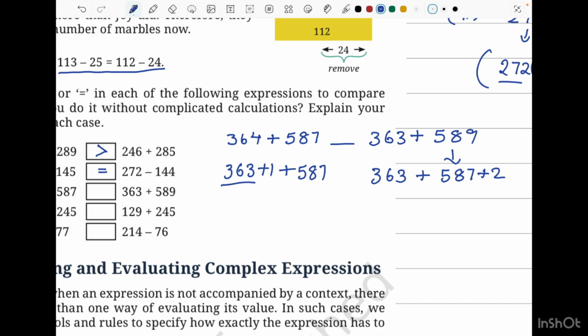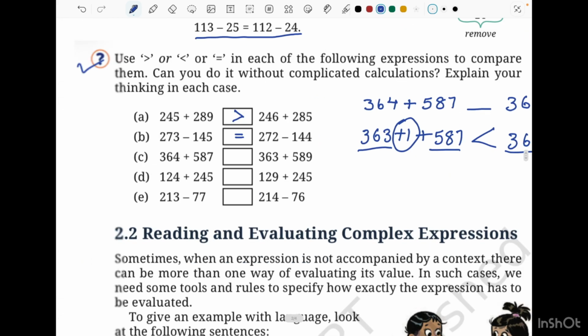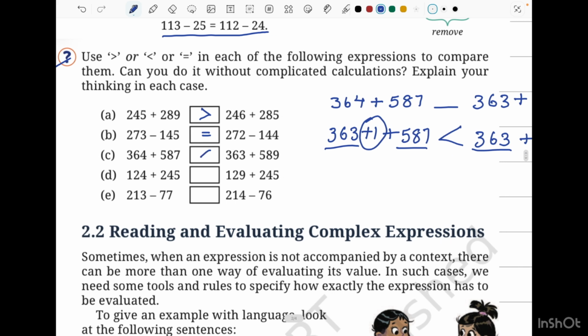So we look at these two numbers, which are in both of these expressions. So we get only 1 here and 2 here. So 2 is greater, so the expression will be less than.